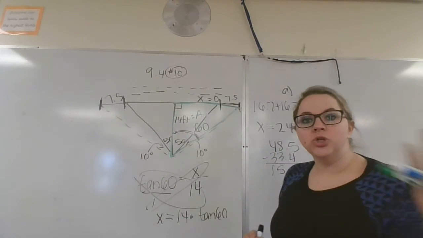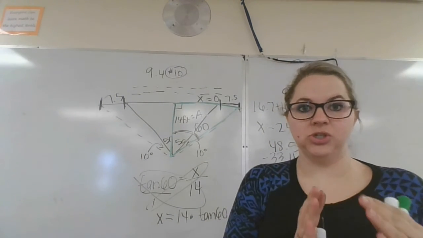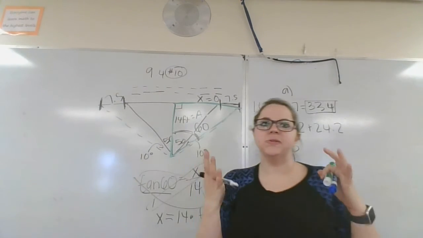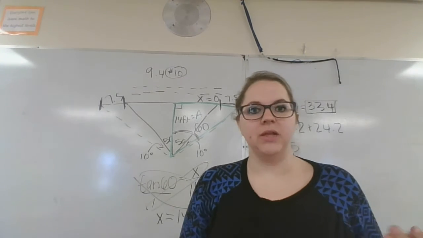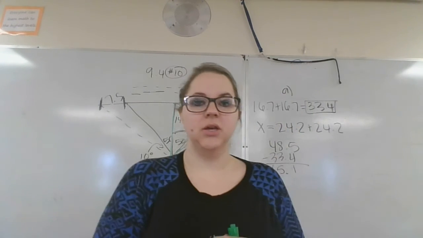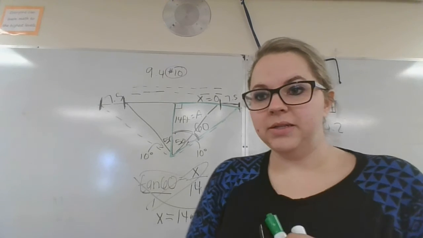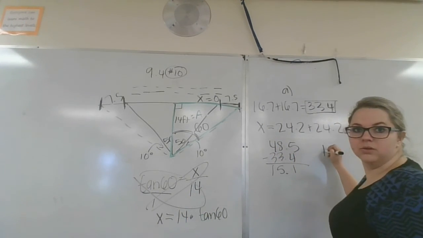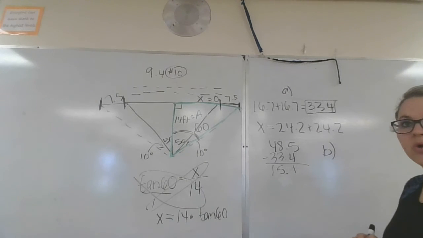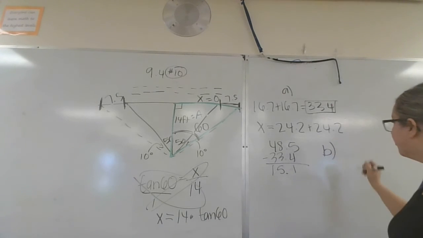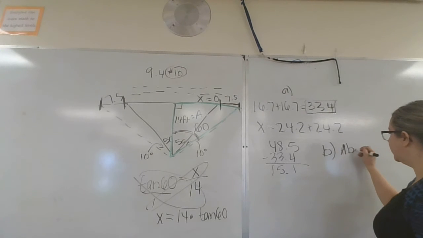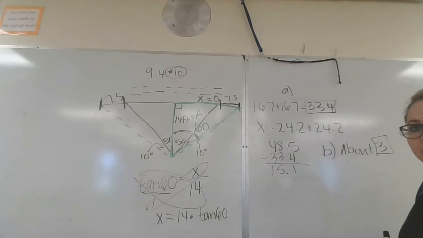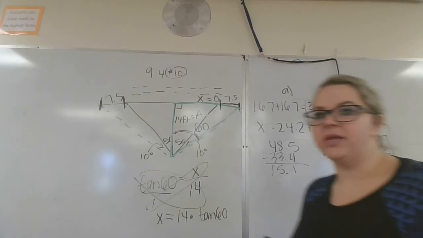Now we need 2 feet to add an additional student. So on this side, how many groups of 2 feet do I have? Well, I have 3, because 2 times 3 is 6. So my answer for B is about 3 more students can be added on to each side.